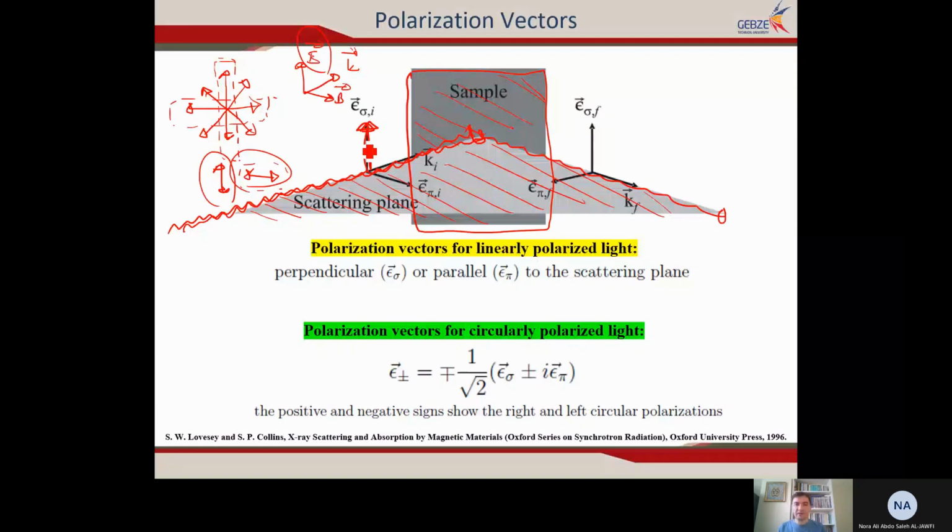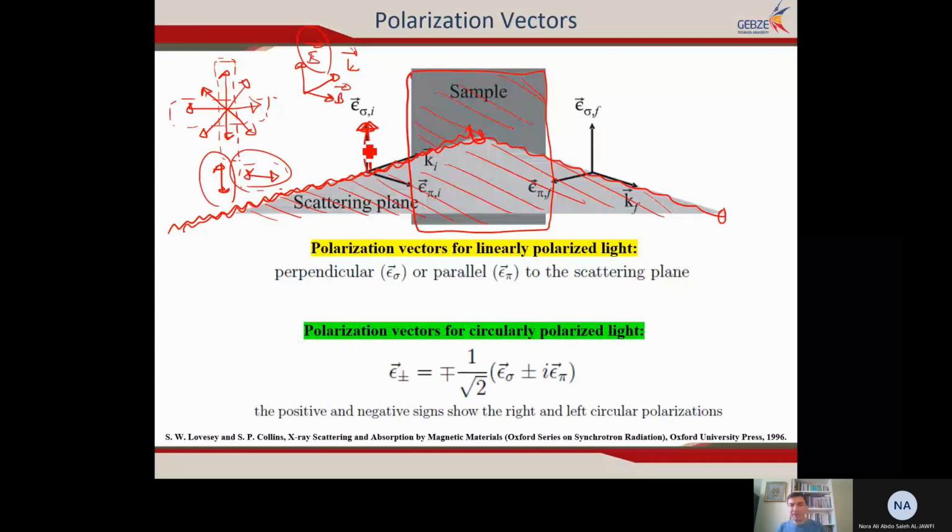Okay, E sigma is the perpendicular component of the linearly polarized light. Sigma is showing the perpendicular component, I is the incident. Okay, and if the polarization is parallel to the scattering plane, then we show it with this E pi, okay, parallel to the scattering plane.